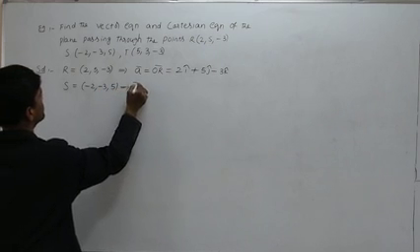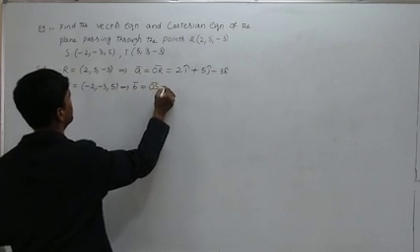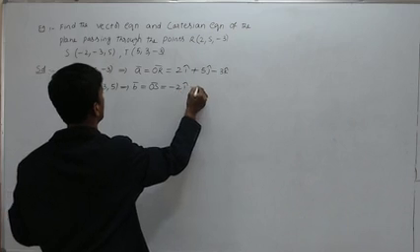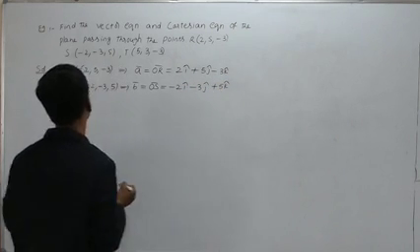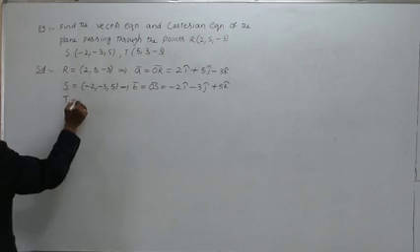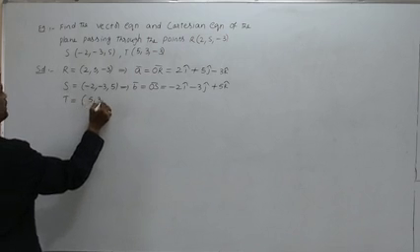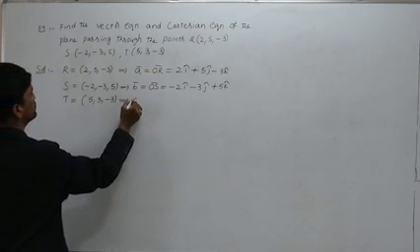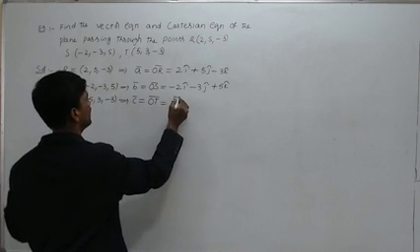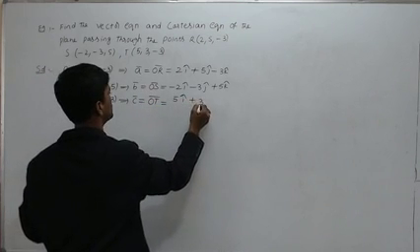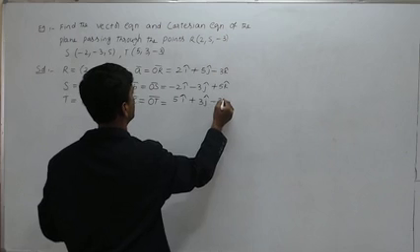Then B bar is equal to OS bar, which is minus 2i cap minus 3j cap plus 5k cap. And capital T is equal to 5, 3, minus 3. So C bar is equal to OT bar, which is 5i cap plus 3j cap minus 3k cap.